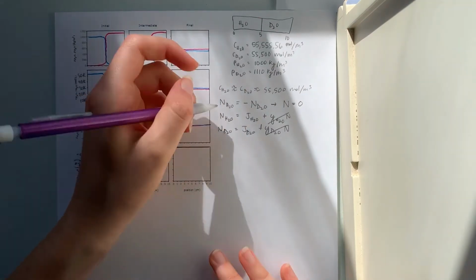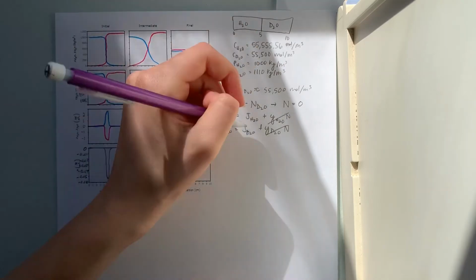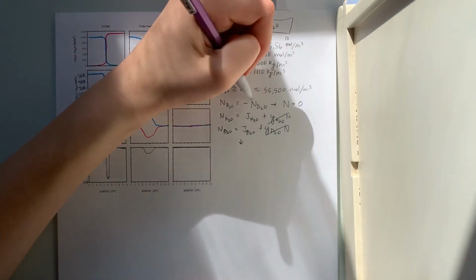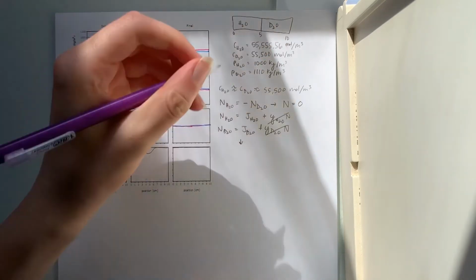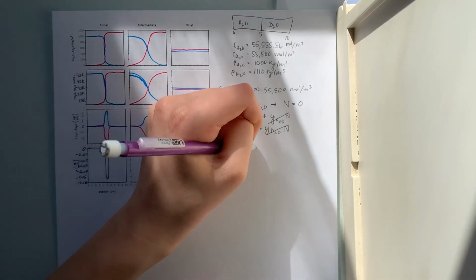This means that for each term, the molar flux is equal to the molar diffusive flux. So since the molar fluxes of these components are equal and opposite, the molar diffusive fluxes are also equal and opposite.